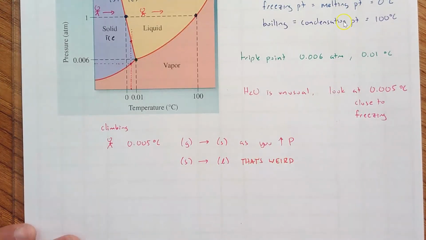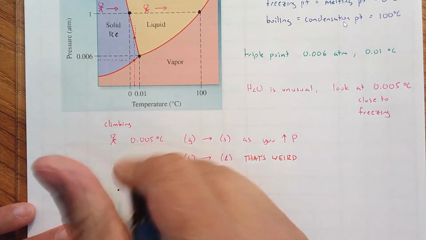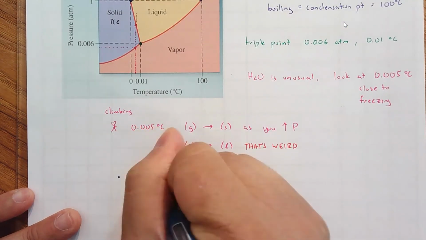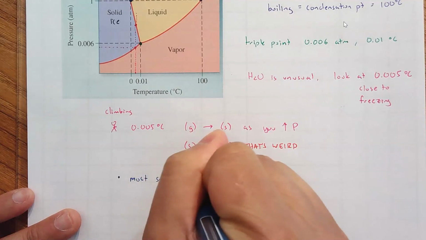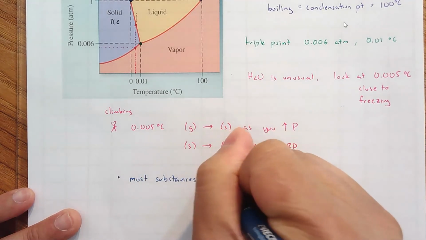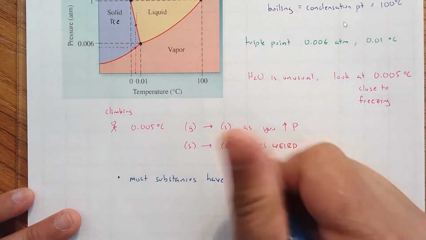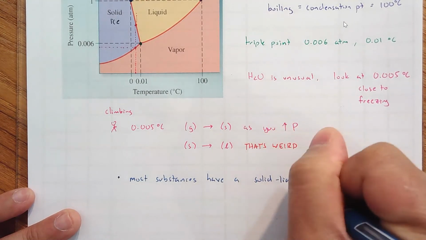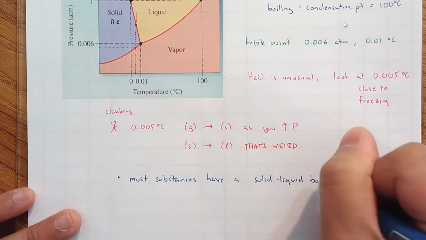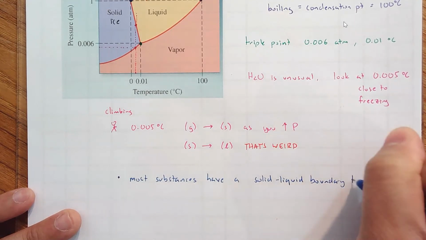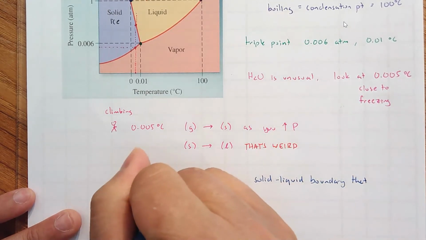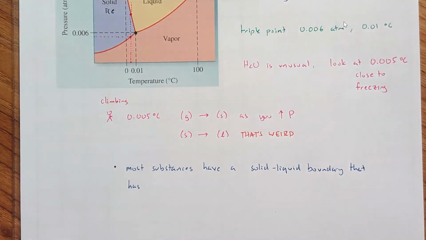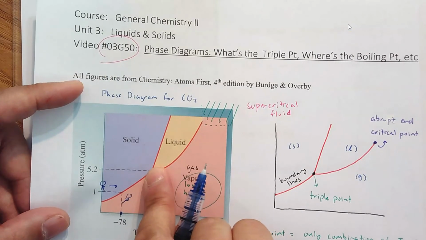Let me give you a couple of take-home points. Most substances have a solid-liquid boundary that has a positive slope.